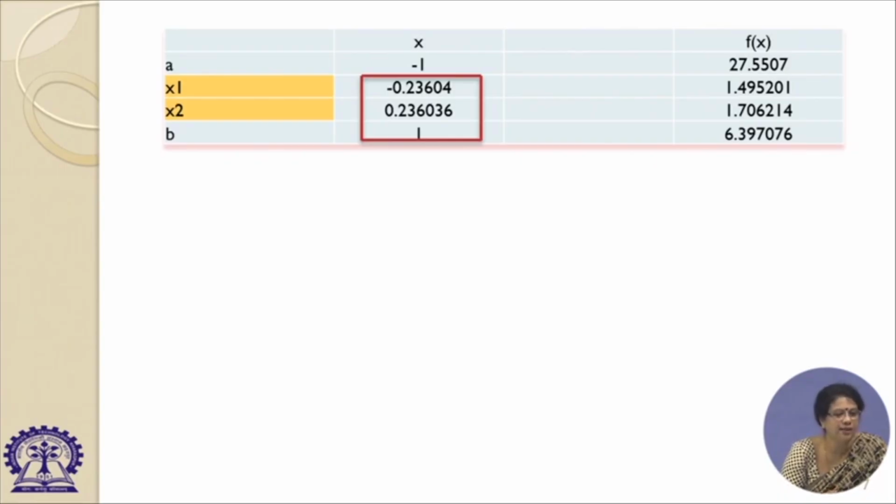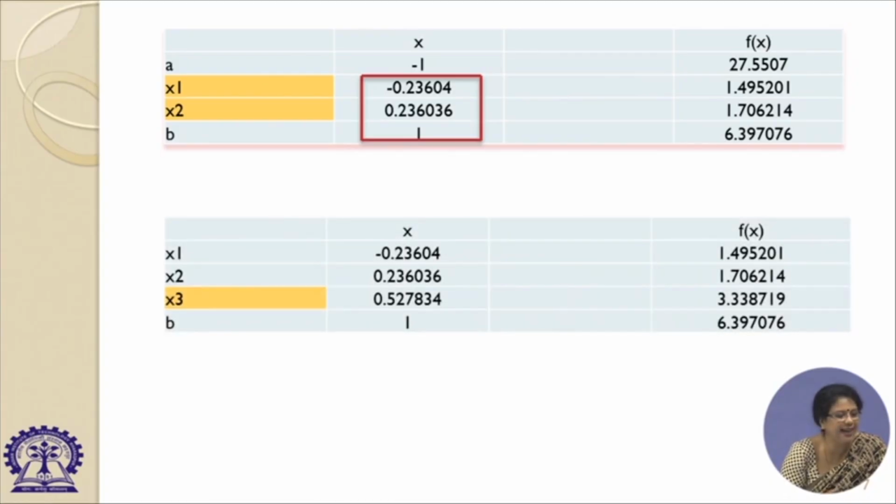We must see that there is no minimum between A to x1. That is why we are proceeding to the next by considering x1 as the left hand new interval of uncertainty and 1 as the other right part of the interval of uncertainty.